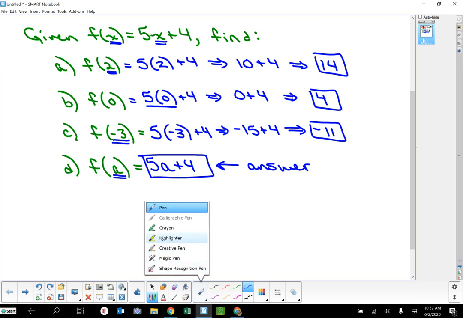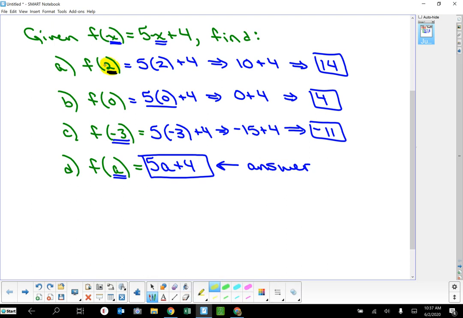So let me tell you a little shortcut so that you kind of have an idea. If you have a number in here, you're going to have a number for an answer. You have a number in here, number for an answer, number in here, number for an answer. If you have a letter in here, you will have an expression as your answer. Always, that will happen because there's no way for you to make it any simpler.